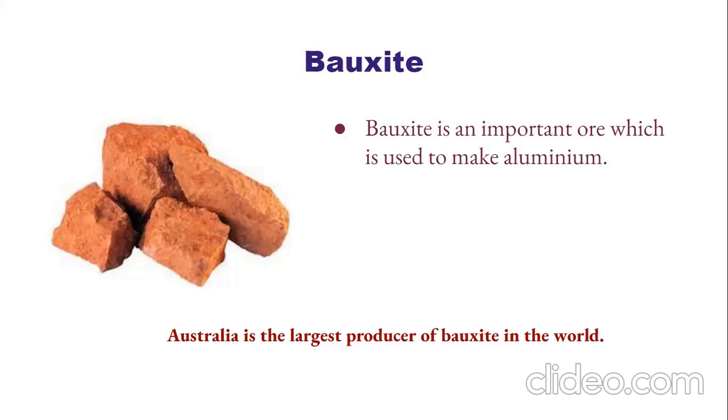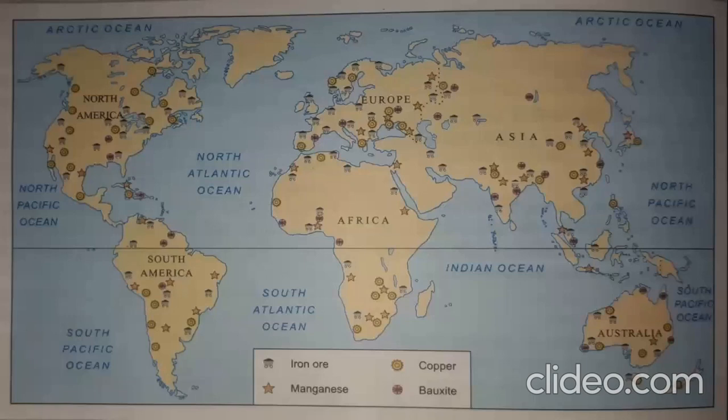Now we will see a map showing the distribution of all these metals and metal ores. Iron ore is depicted with the sign of these trolleys. It means these places have deposits of iron ore. Understood? Then there is a star showcasing manganese.